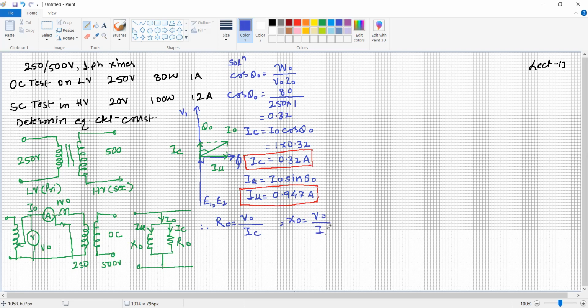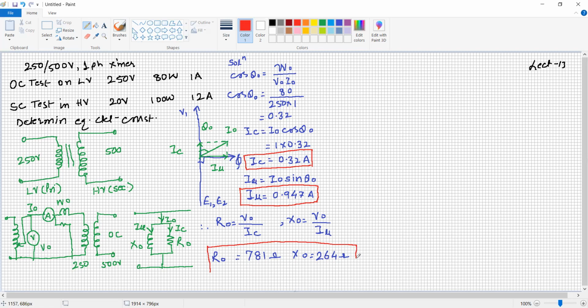Okay. Therefore, R0 is equal to V0 or V1 divided by IC, and X0 is equal to V0 upon I mu. So these values: R0 is equal to 781 ohms and X0 is equal to 264 ohms. So these are the shunt parameters.